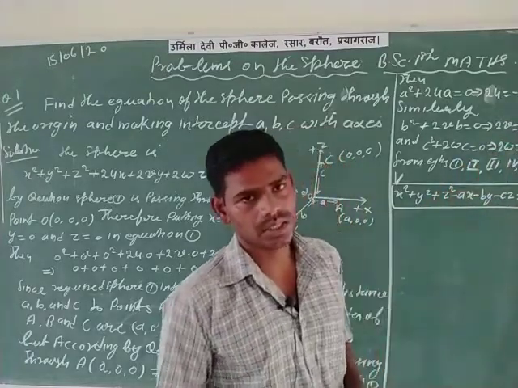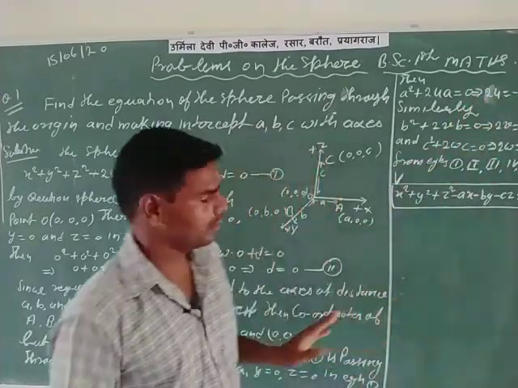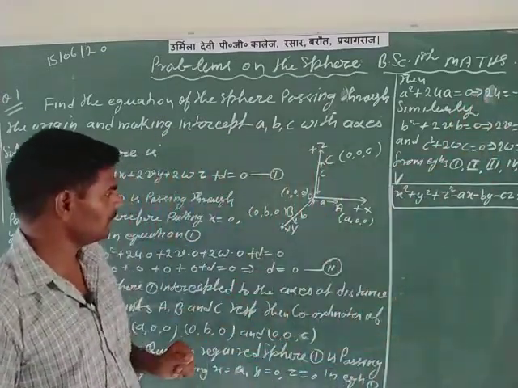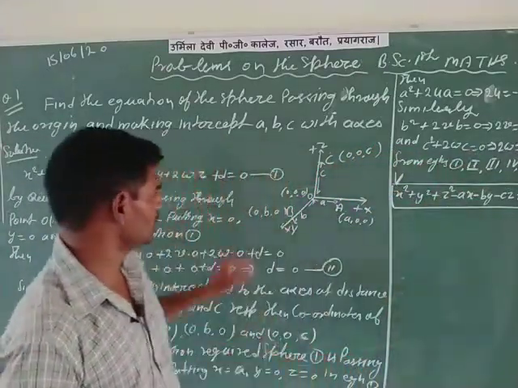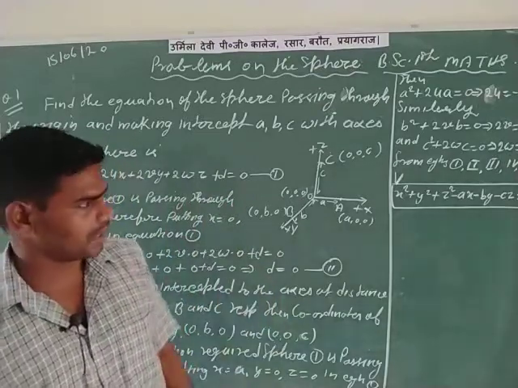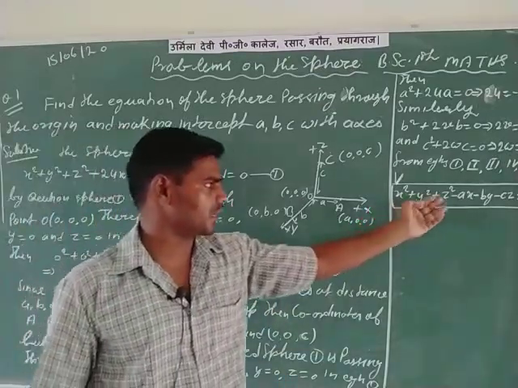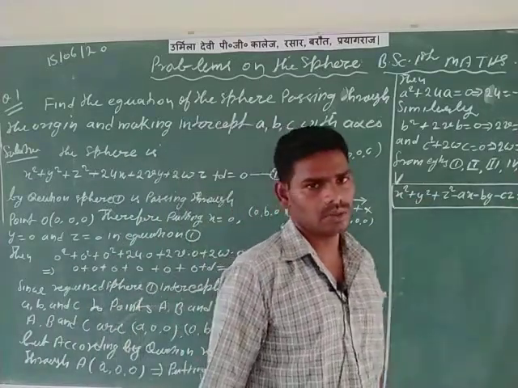After this, putting all these values, small d, 2u, 2v, 2w, in equation first, we write the equation of the required sphere, which is x square plus y square plus z square minus ax minus by minus cz is equal to 0.